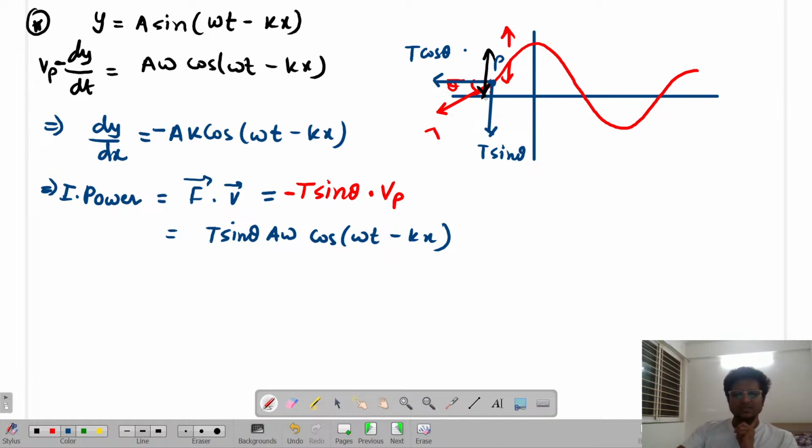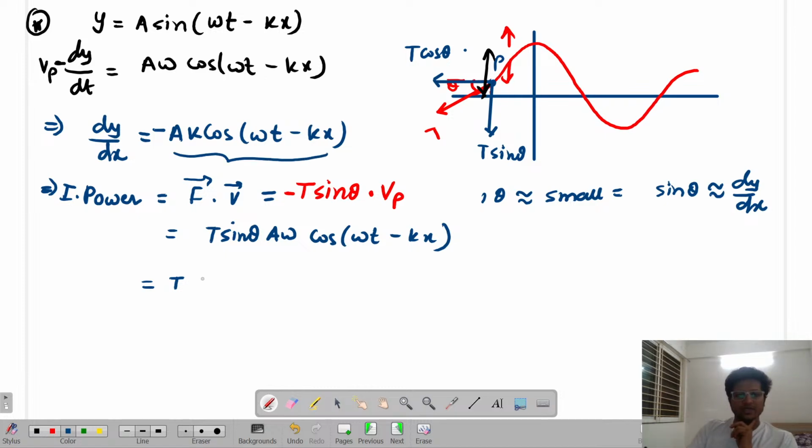Now, as since these thetas are small, so if this theta is small, I can write sine theta as similar to dy by dx or not. Perpendicular by base, कुछ तो बोलो हाँ या ना. So what I get, T into sine theta is dy by dx. Dy by dx right now we calculated.